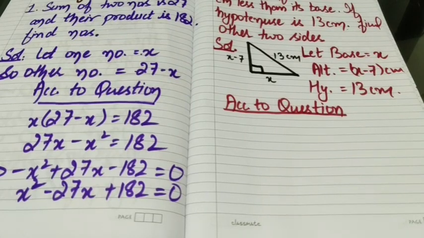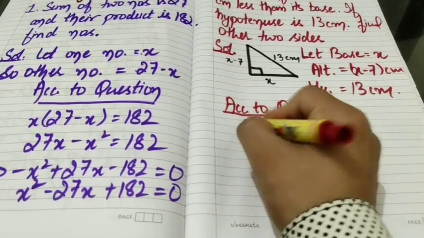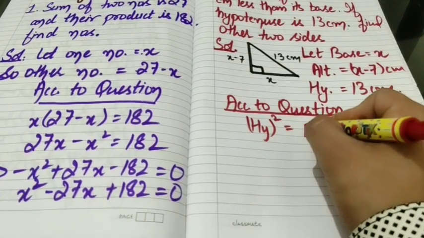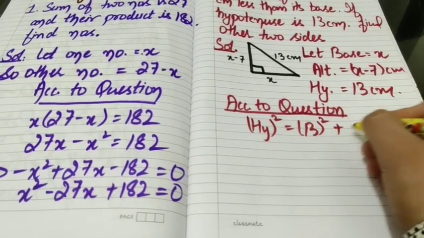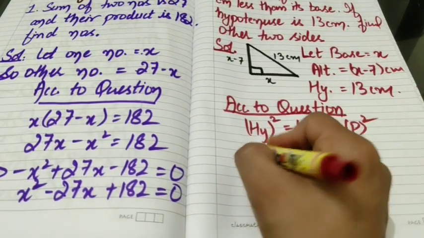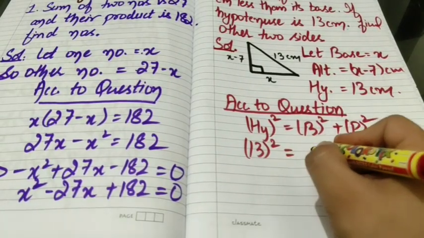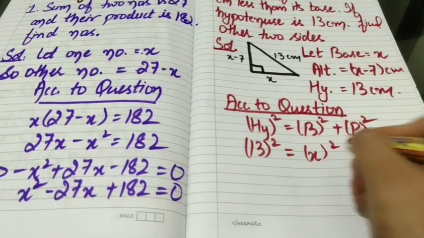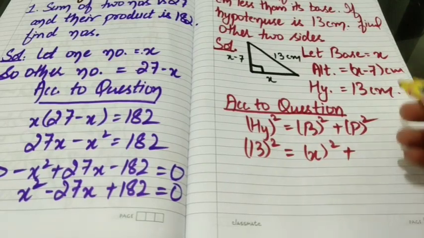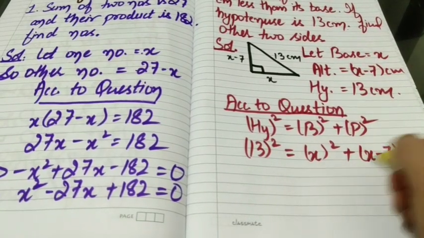So by using Pythagoras theorem in the given triangle, we get hypotenuse squared equals base squared plus perpendicular squared. Here the value of hypotenuse is 13 equals the value of base x, and that of perpendicular is altitude, x minus 7 the whole squared.